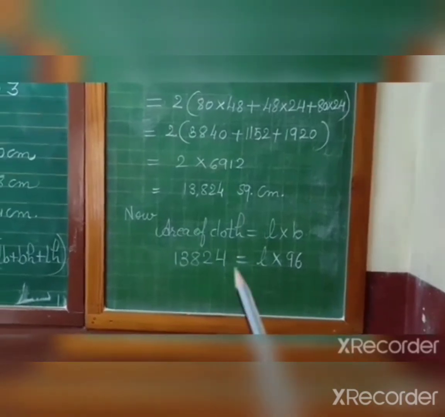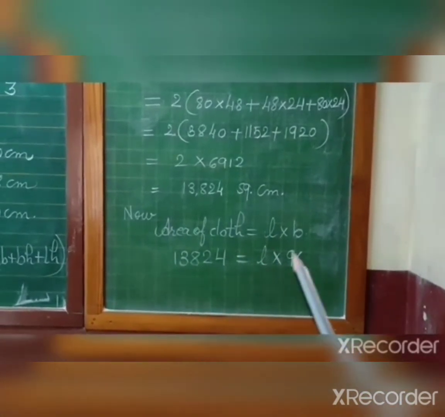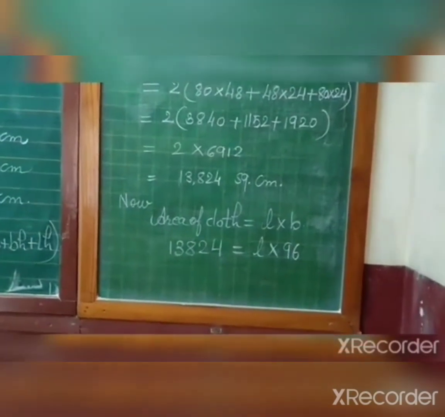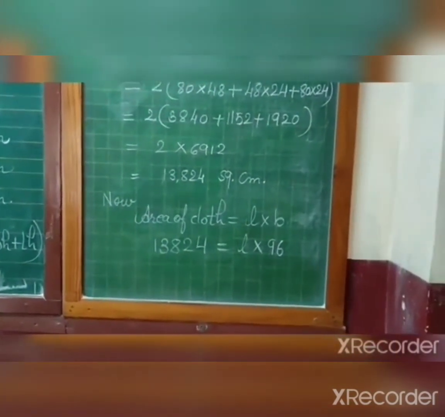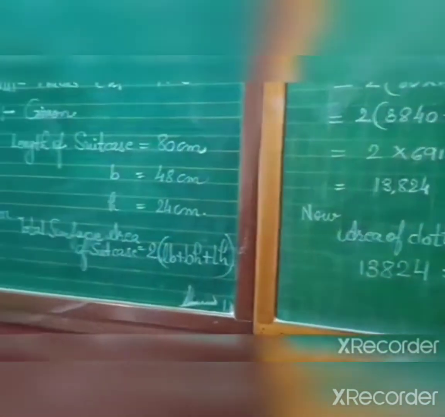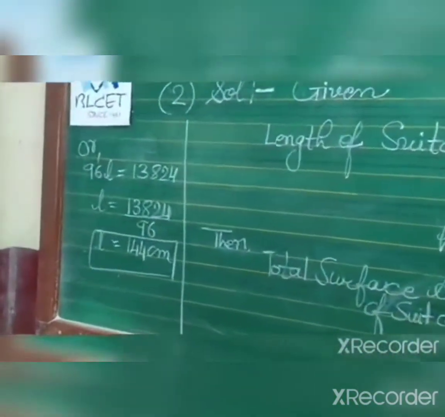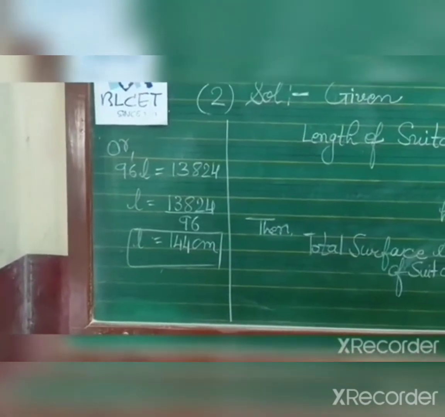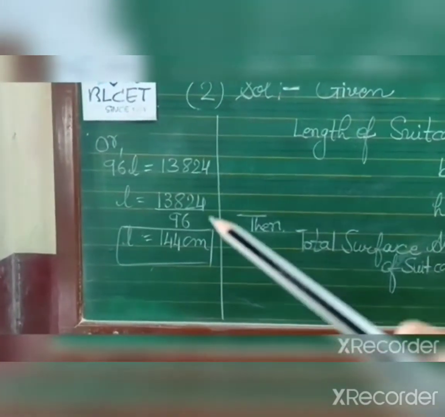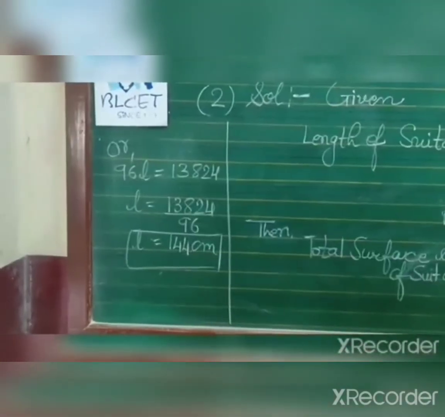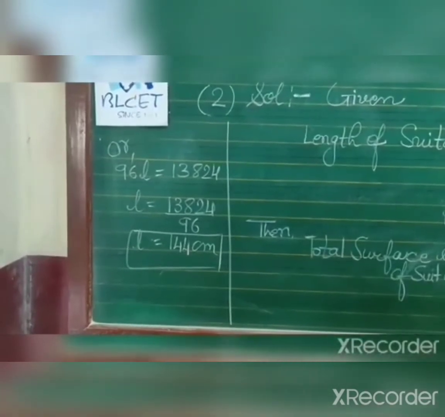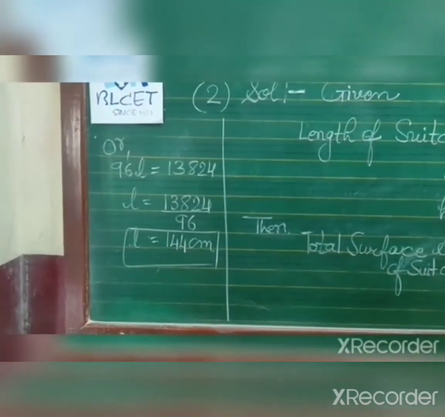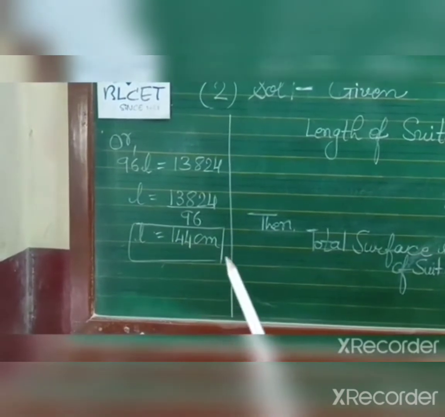So 13,824 is equal to L into 96. It's given in the question, the width of cloth is 96. L we don't know. So for calculating L, 96L is equal to 13,824. L equals 13,824 divided by 96, L equal to 144 centimeter, you can see here.